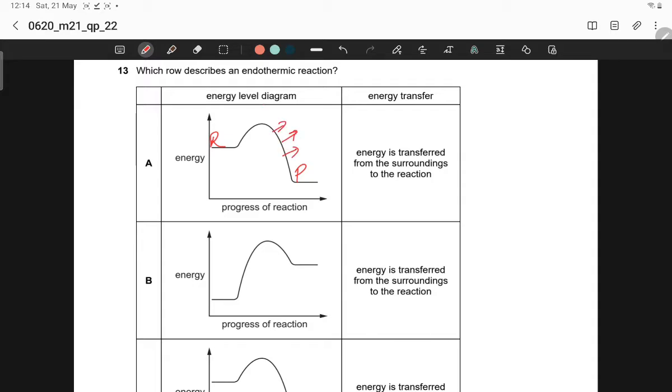This reaction is exothermic because heat taken in is less than heat released. Over here heat is taken in and from here heat is lost. Heat lost is more than heat gained. So this is exothermic.